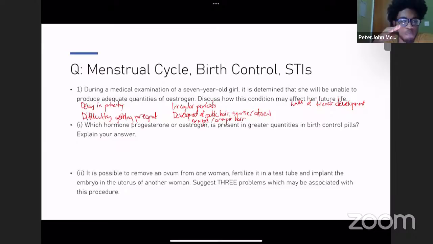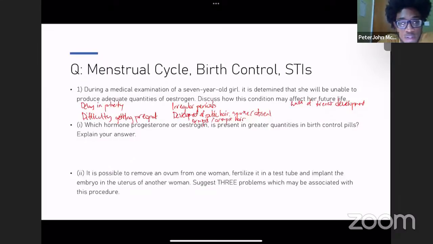I'm pretty sure it's more progesterone that's linked with that, right? I have a chart, so you guys can see. So the next thing, but yeah, estrogen is more for follicular development though, and also secondary stuff. So yeah.